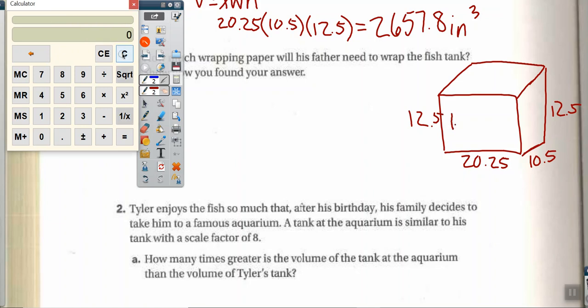So I'm going to go 12.5 times 20.25, and that's going to give me 253.125. And then I've got the 10.5 times 12.5. So 10.5 times 12.5 gives me 131.25.